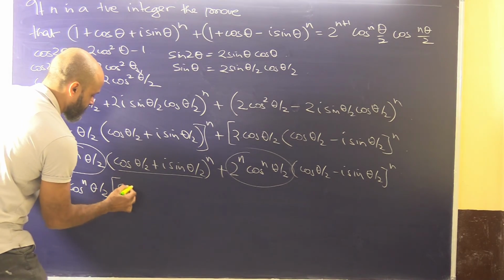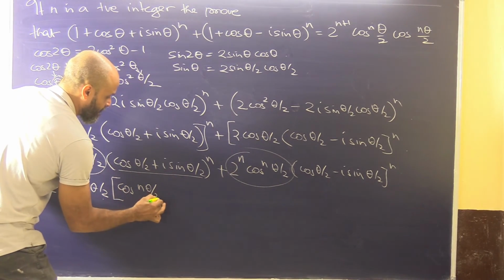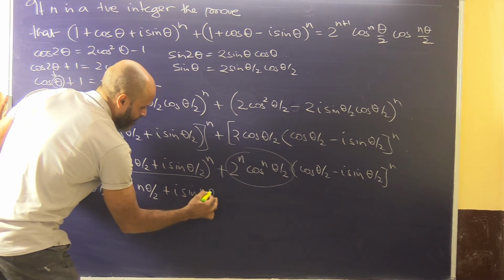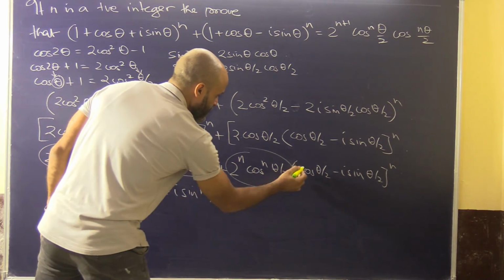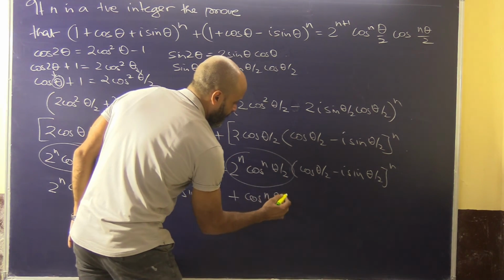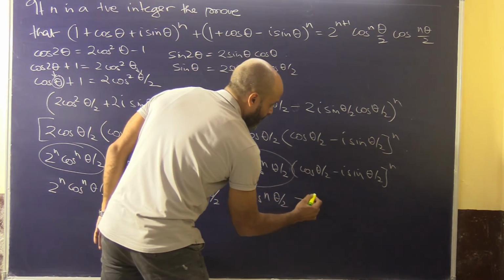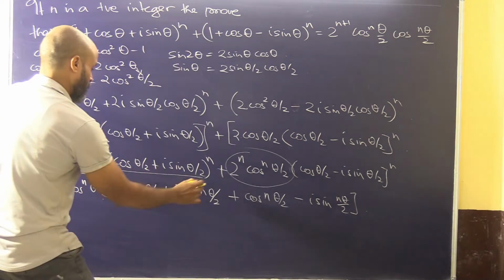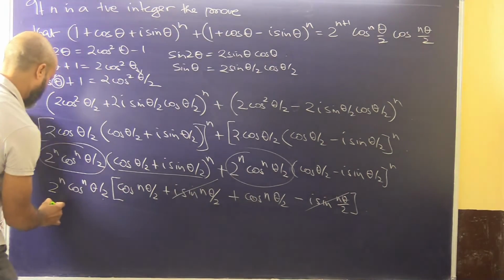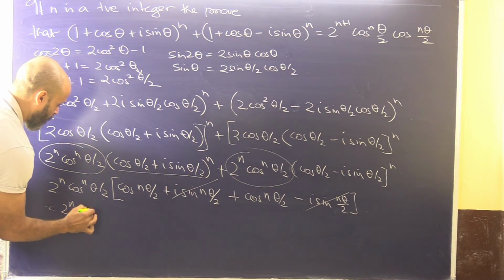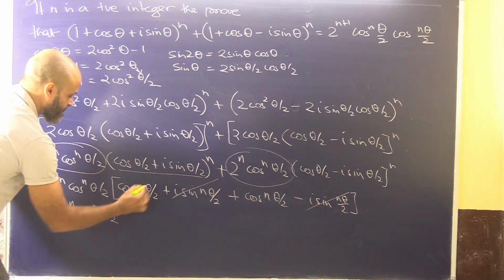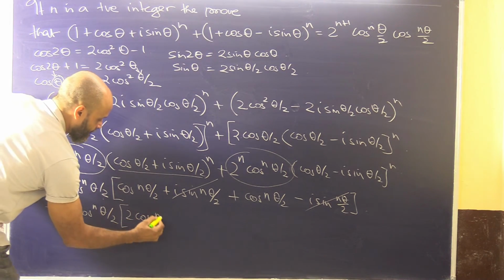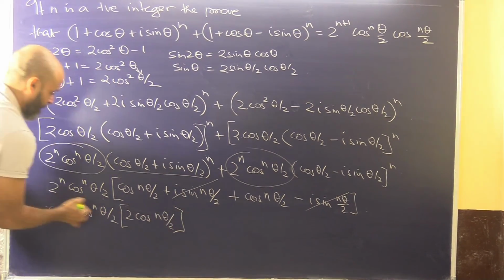By applying De Moivre's theorem, this will be cos(nθ/2) + i sin(nθ/2) plus cos(nθ/2) − i sin(nθ/2). So this gets cancelled. We have here 2^n cos^n(θ/2) times 2 cos(nθ/2).